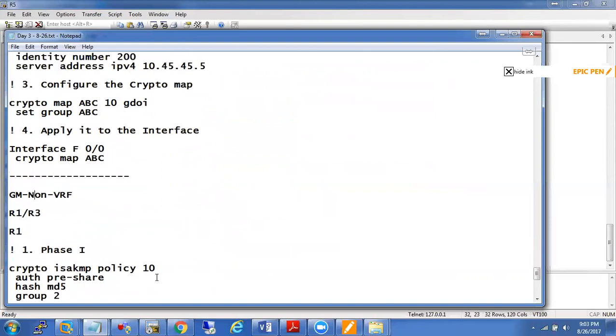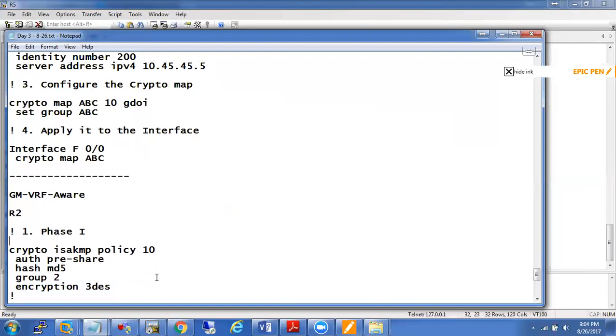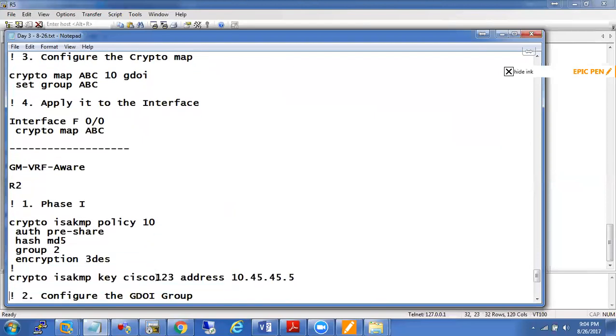GM, VRF aware. So now your knowledge that I was talking about in terms of VRF aware VPN comes in handy. Here I will not have this. This is where I have those 3 steps.